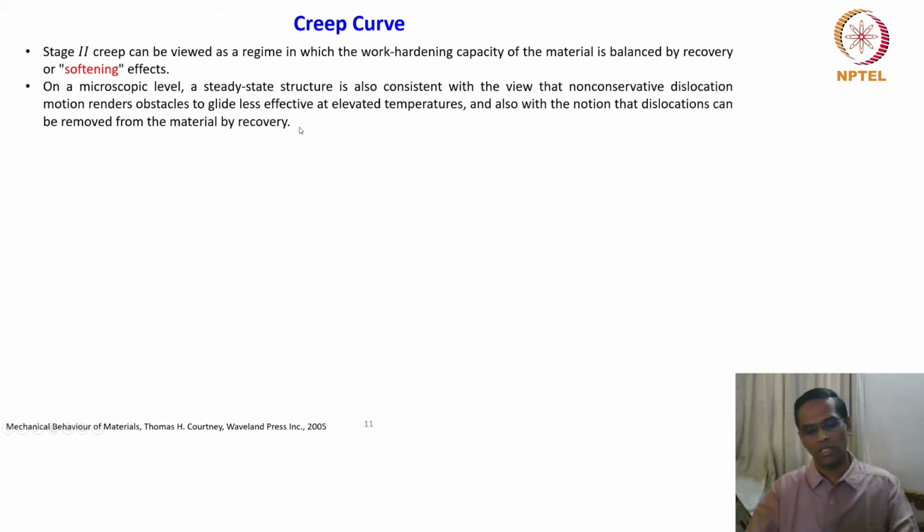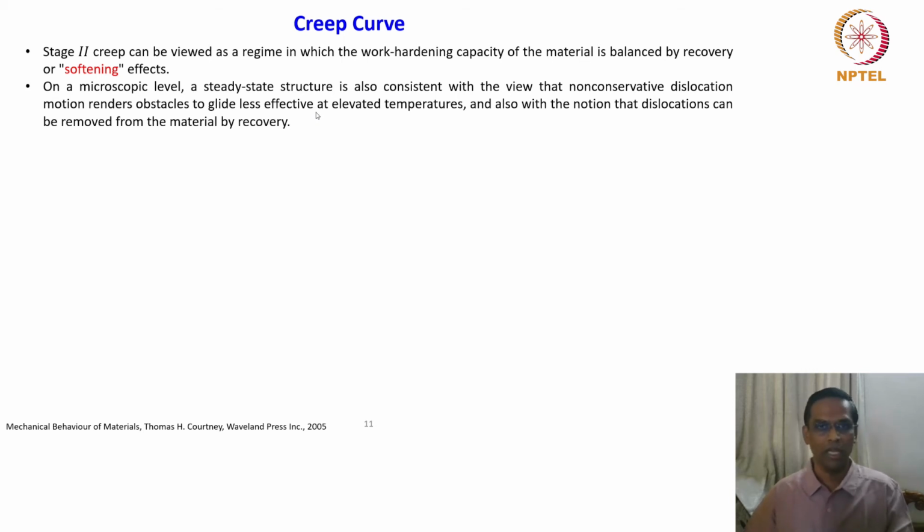So what are we trying to say here? We are talking about a steady state microstructure. Please understand that. It has to be that non-conservative dislocation motion renders obstacles to glide less effective. Though the dislocation is moving in any direction, that's why it's called non-conservative motion.